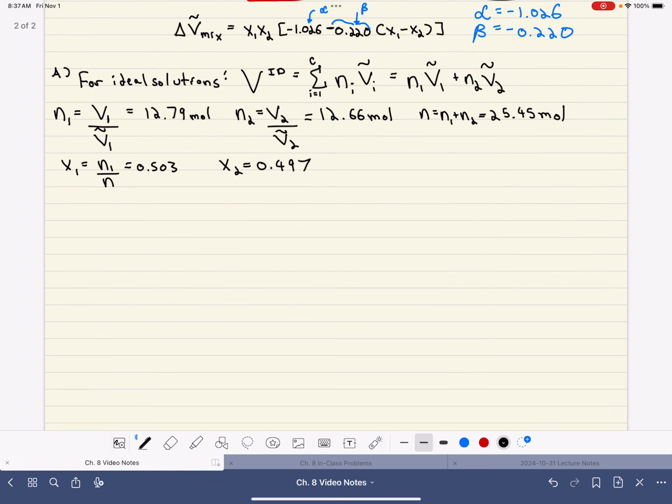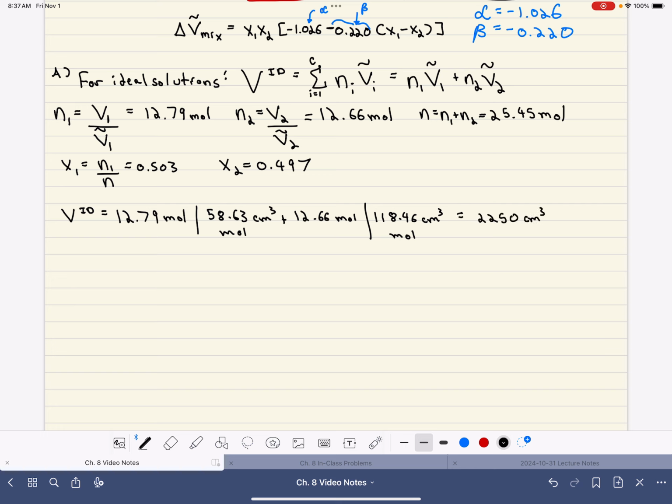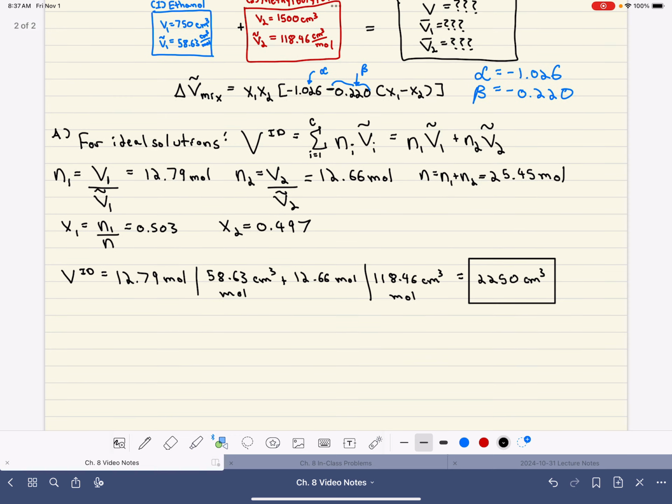And so now that we have all this information, we could calculate the ideal solution volume. 12.79 moles times the molar volume per mole, plus 12.66 moles times the molar volume, and we get 2250 centimeters cubed. And so for the ideal solution, we would expect the mixture to have this volume.